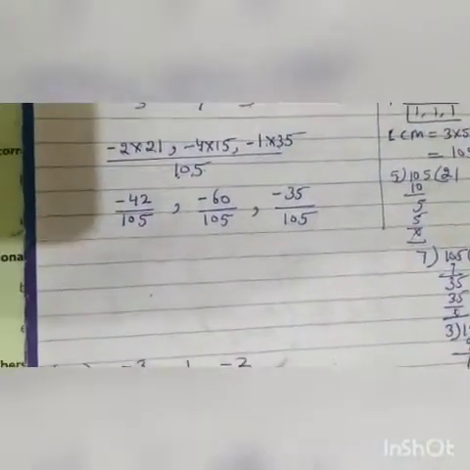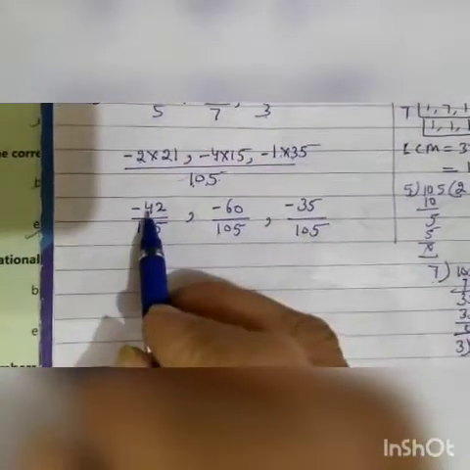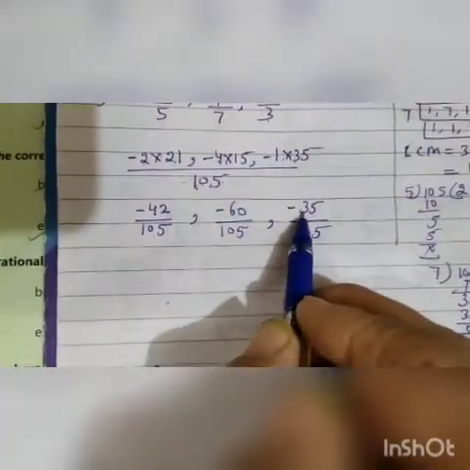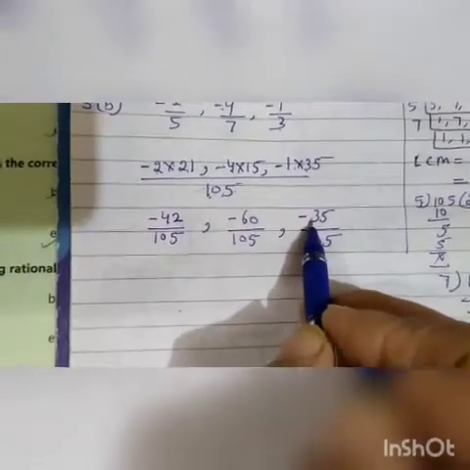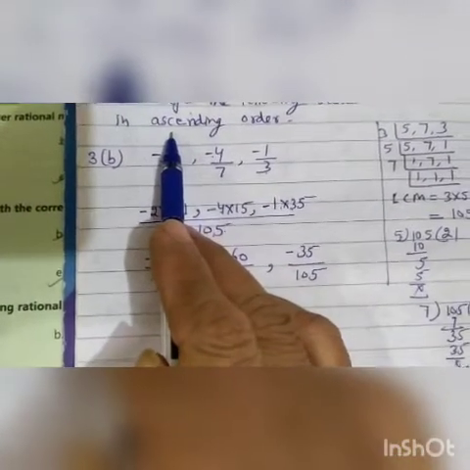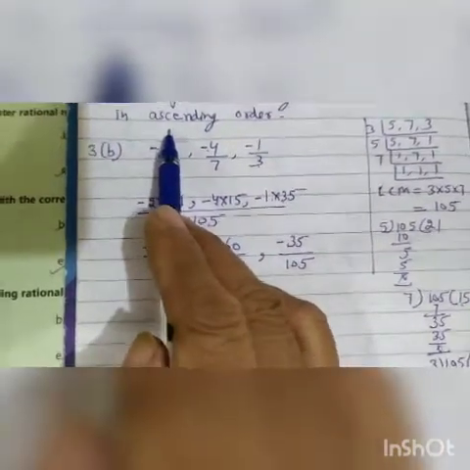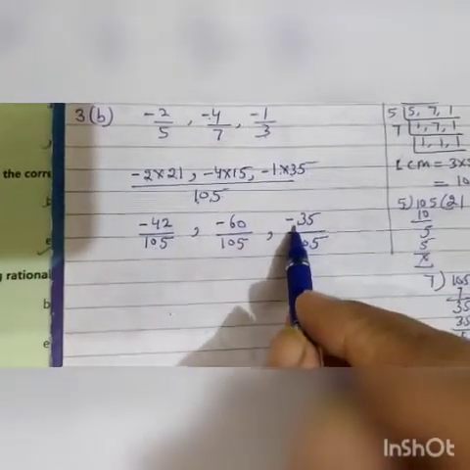Now you are noticing that all three denominators are the same. So we will compare these three integers, minus 42, minus 60, minus 35. And in ascending order, first of all we will write the smallest one. Among these, minus 42, minus 60 and minus 35, which one is the smallest?